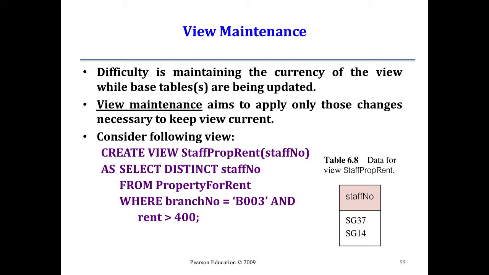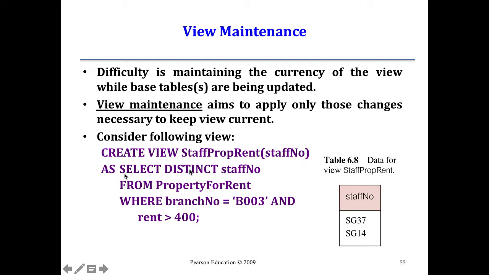Okay? What happens if we insert a new property for staff number SG37 and the rent is 600 pounds? Do we care? No, why not? Because it's already there. Staff member SG37 is already there, and we are selecting distinct.